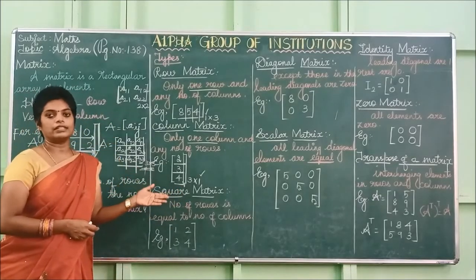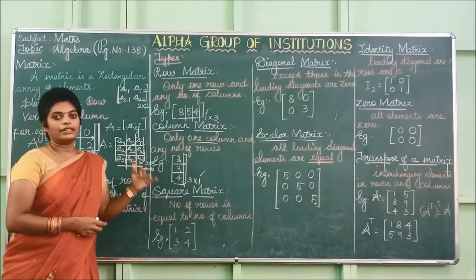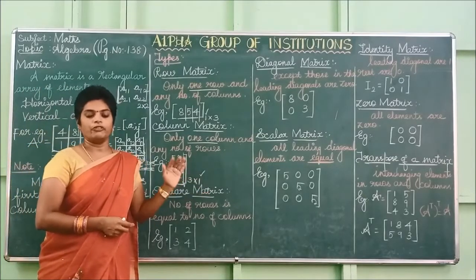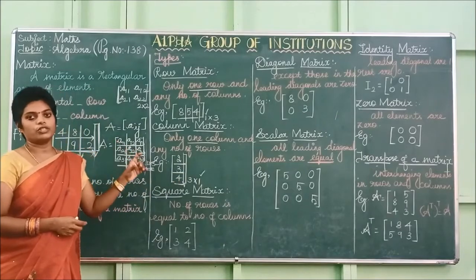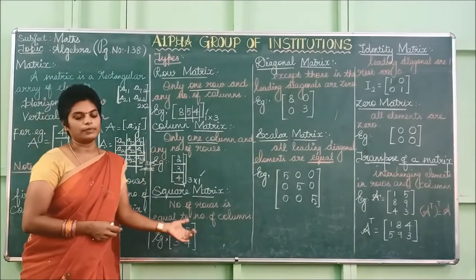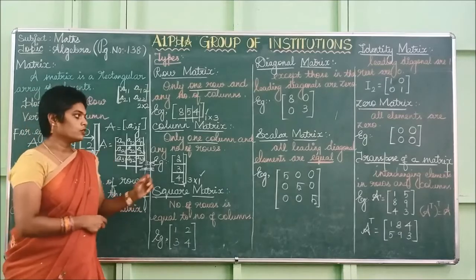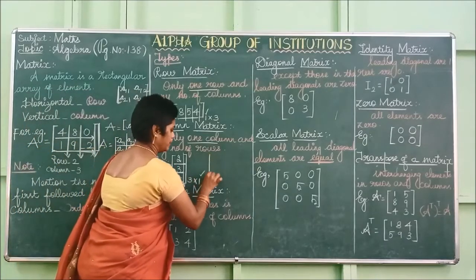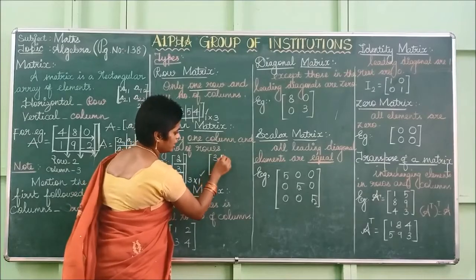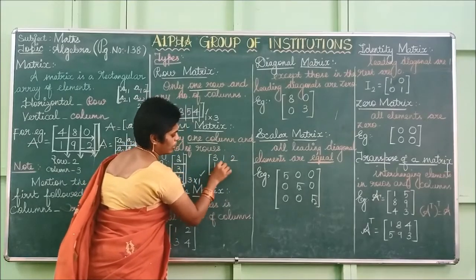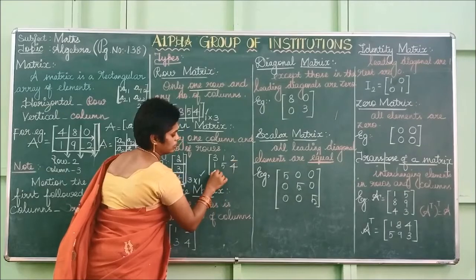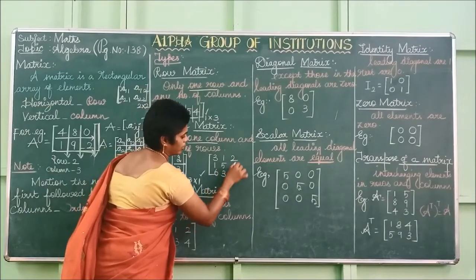When we say the matrix is a square matrix, a matrix is said to be a square matrix if the number of rows is equal to the number of columns. The number of rows as well as the number of columns will be equal. So if you take one example: 3, 1, 2, 1, 5, 4, 6, 3, 1.